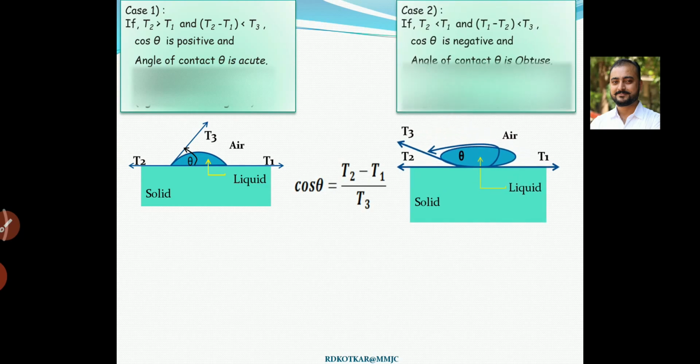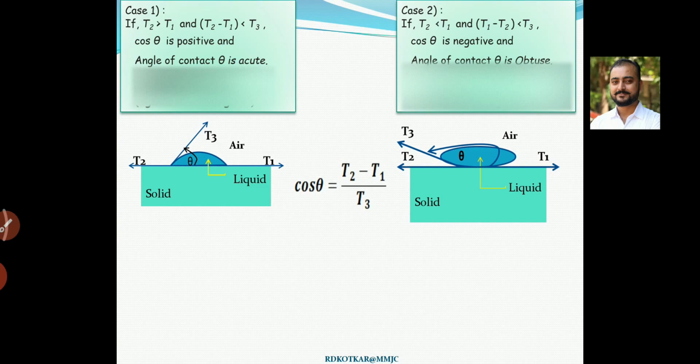In case 2, what you observe is somewhat different. T2 is less and T1 is greater. But our formula is T2 minus T1, so T2 minus T1 is negative.